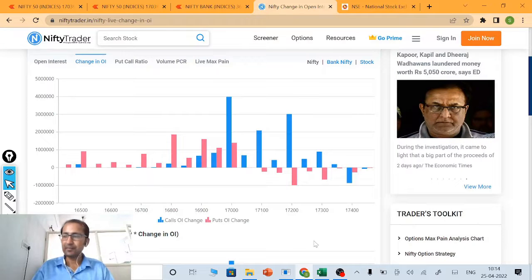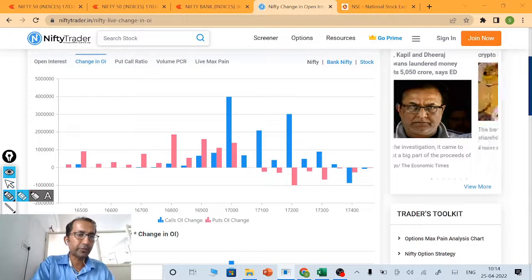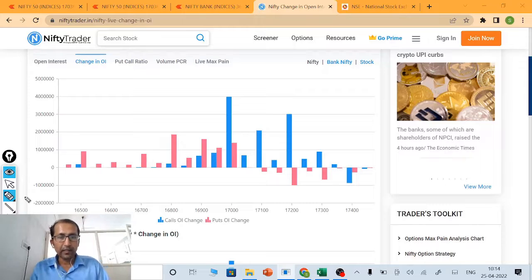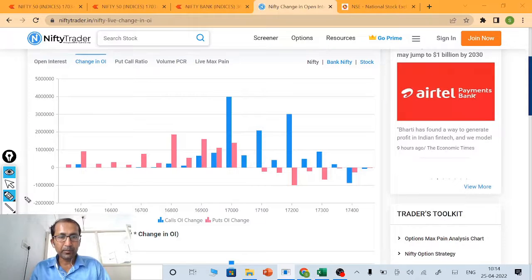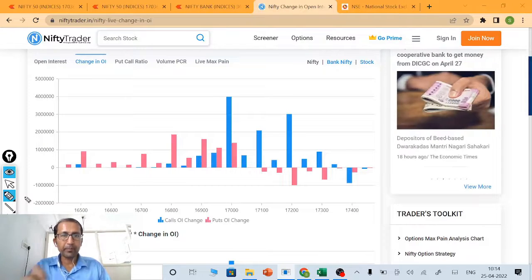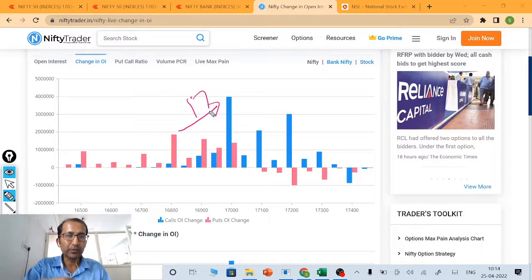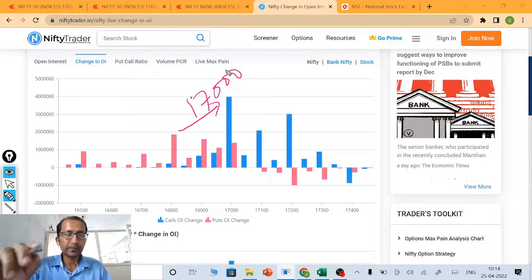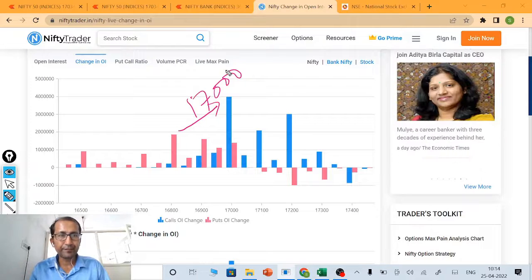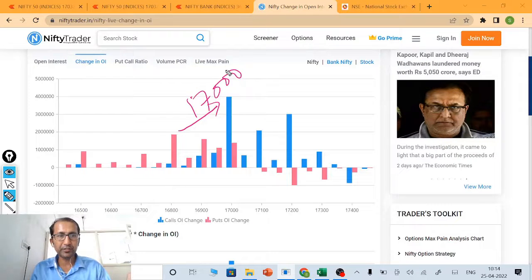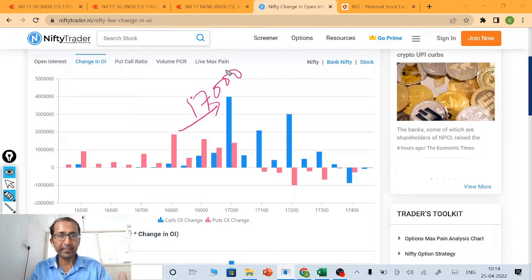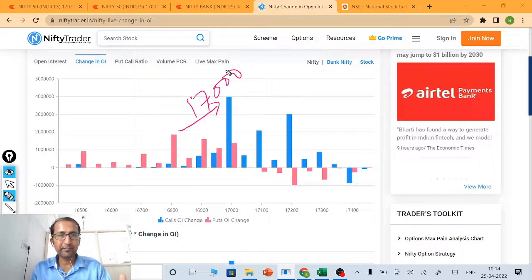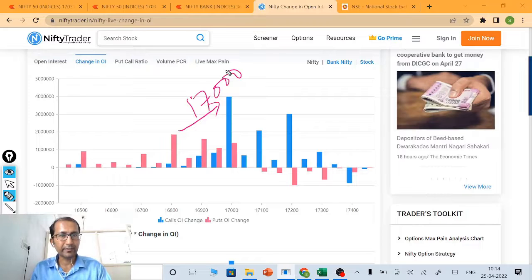As you can see here, maximum call buildup is at around 17,000, and this is change. So maximum people have taken call positions in 17,000, which means that 17,000 is going to be a strong resistance.